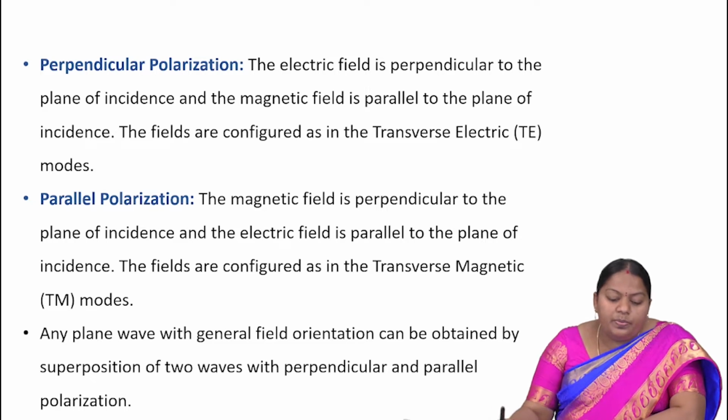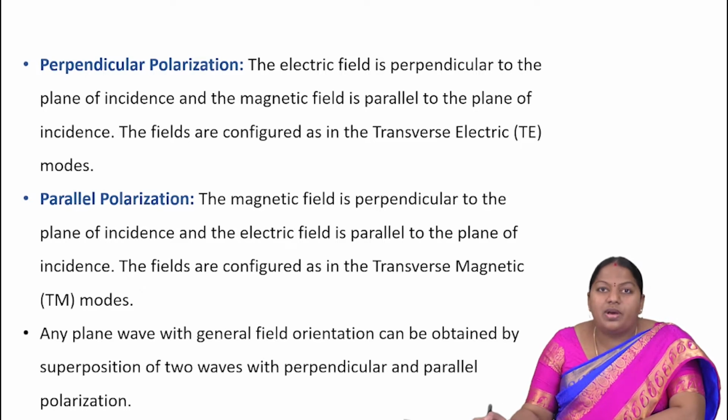Now, in perpendicular polarization, the electric field is perpendicular to the plane of incidence and the magnetic field is parallel to the plane of incidence, and the fields are configured as in the transverse electric modes. This we have already discussed in the previous lecture.